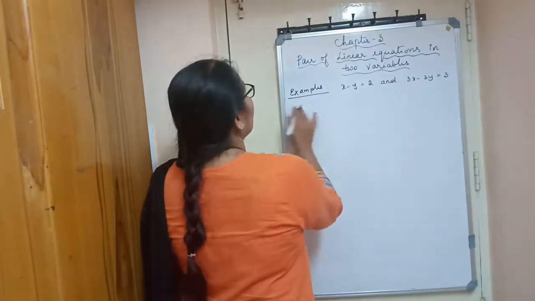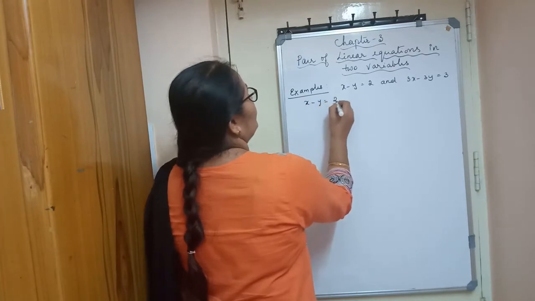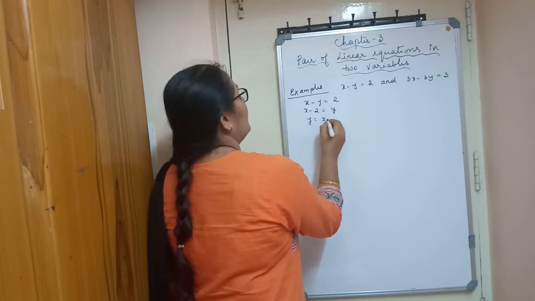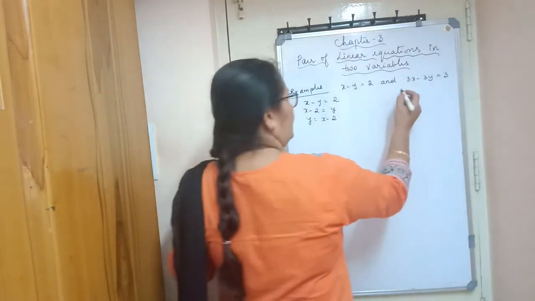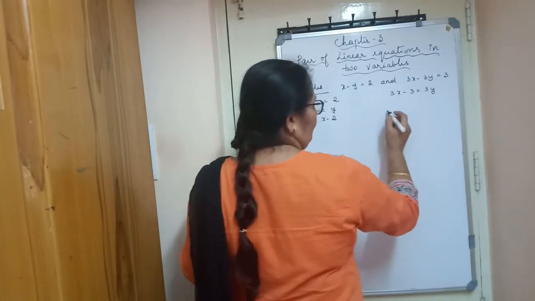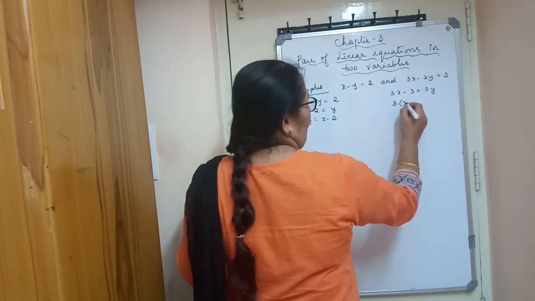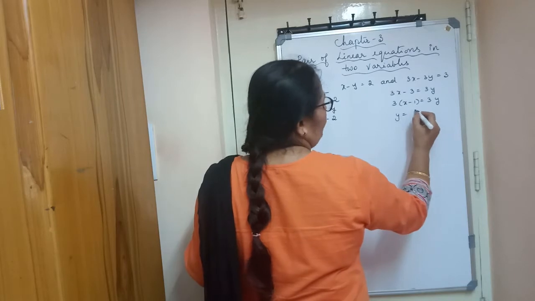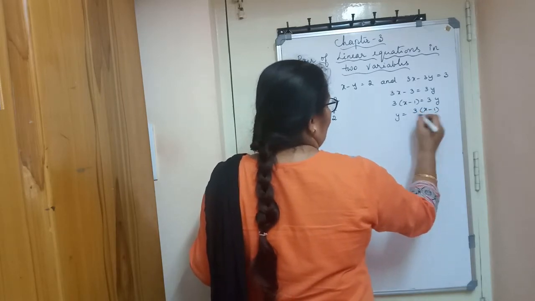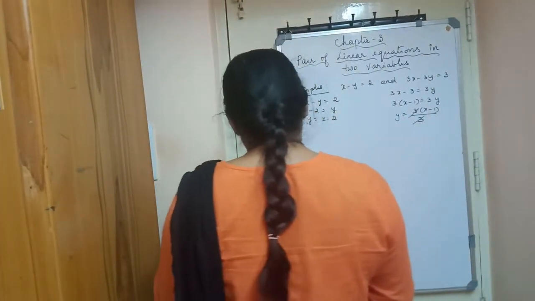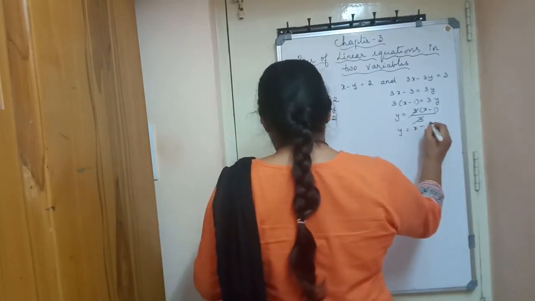Now, x minus y equals 2, so x minus 2 equals y, so y equals x minus 2. And in the equation 3x minus 3 equals 3y, 3 is common, so x minus 1 equals y, since 3 times (x minus 1) by 3. So y equals x minus 1.